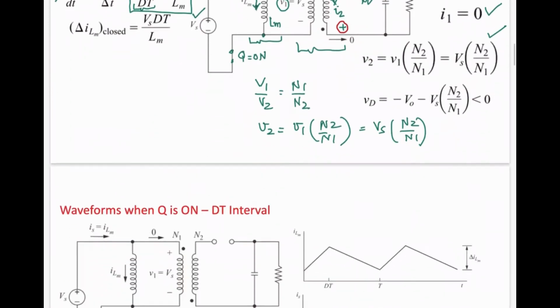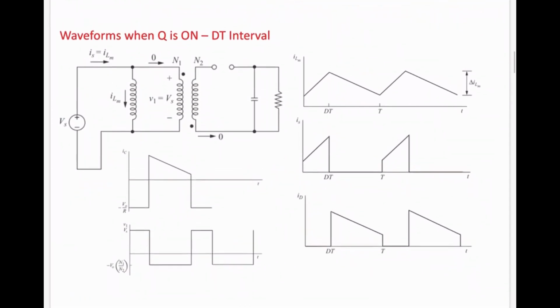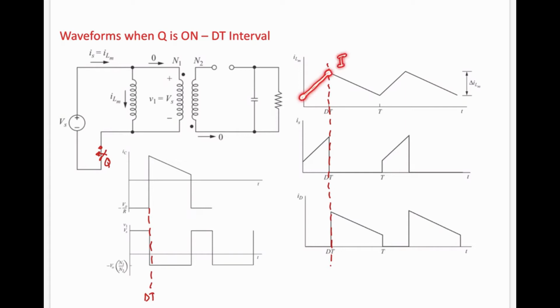Right? Now let's move toward the waveforms for this switching state, when our switch Q is turned on. That instant of time is the interval dt, and we are going to consider only this part. Our current through the magnetization branch is increasing, starting from some minimum value IL minimum to the maximum value IL maximum.